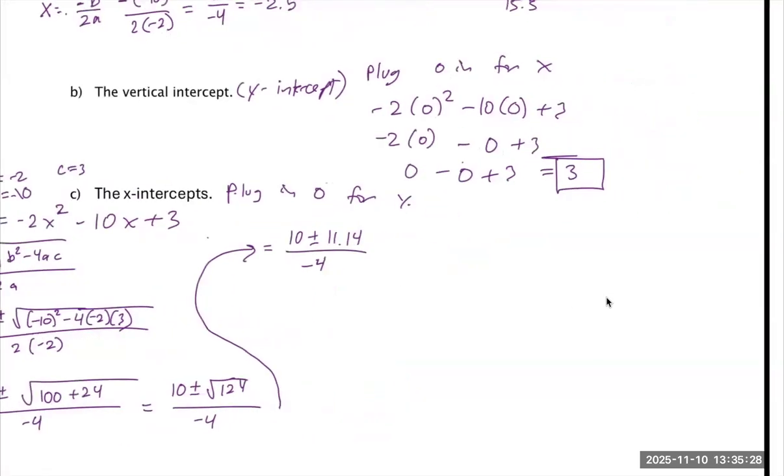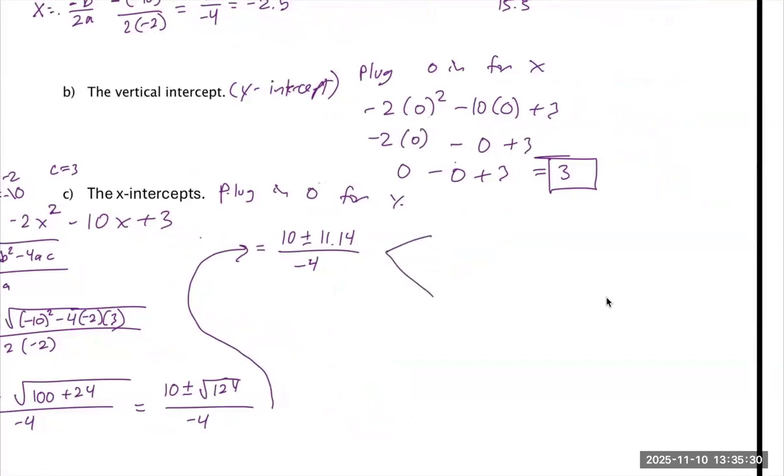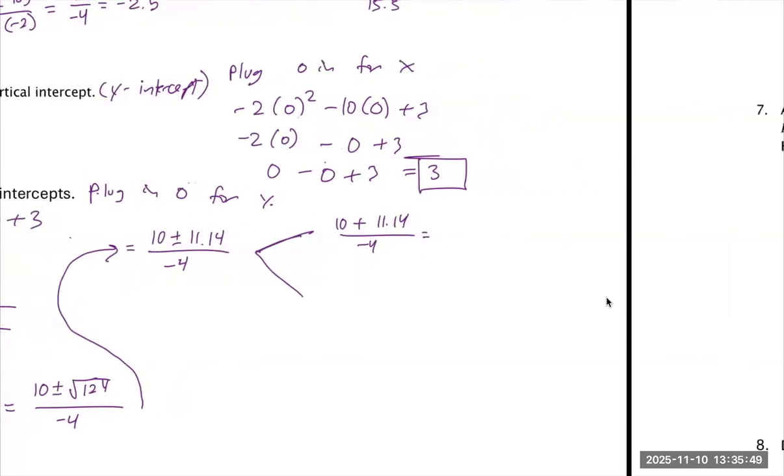So from here, it separates into 2 different equations. One coming from, if I ignore the negative here and just focus on the positive, then I would get 10 plus 11.14 all over -4. I have to add the numerator first. That's a common mistake.